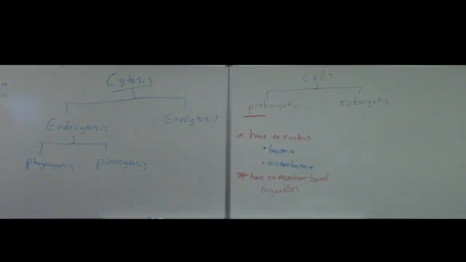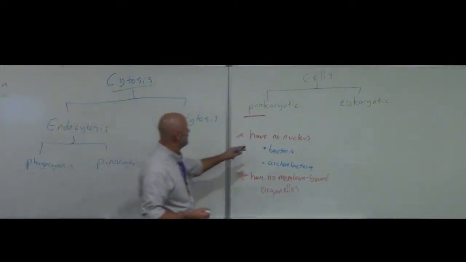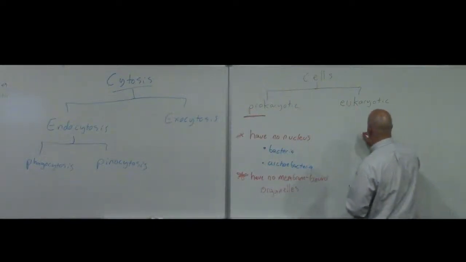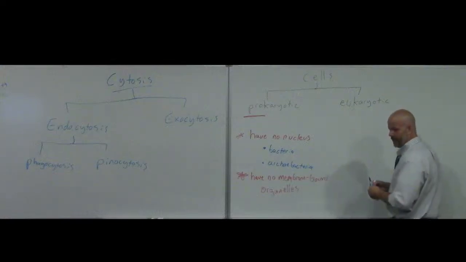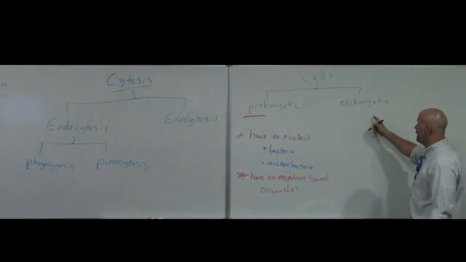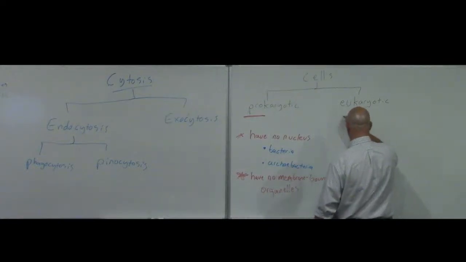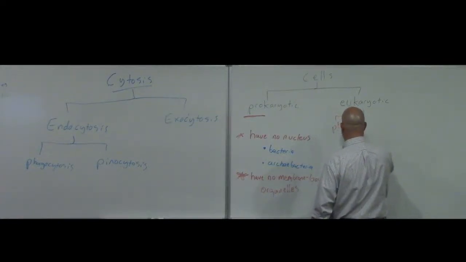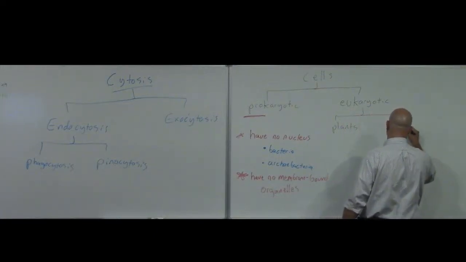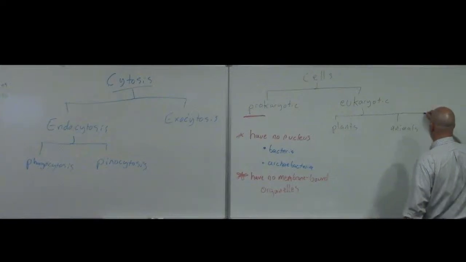All right. Then we go over to the eukaryotic cells. So if these had no nucleus, then these have a nucleus. We'll get to that in a second. I want to talk about our types. There are 3 types here. Plants, animals, and fungi.